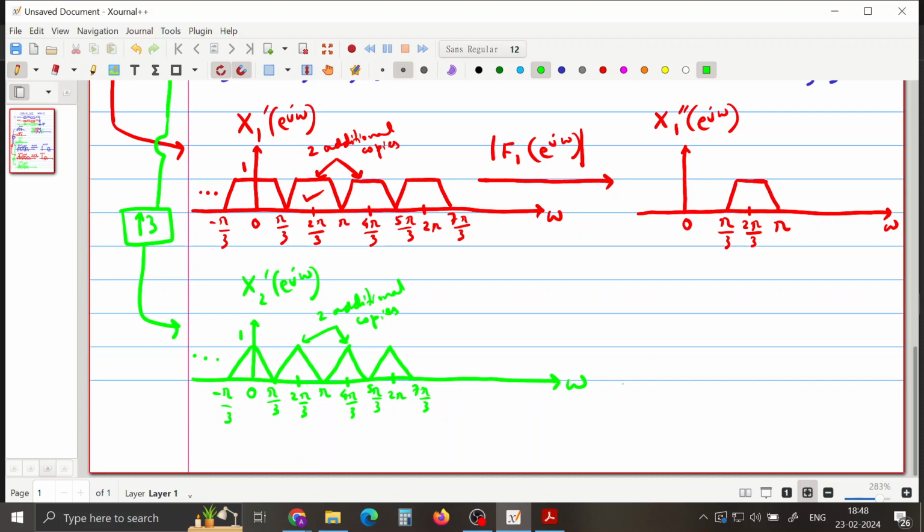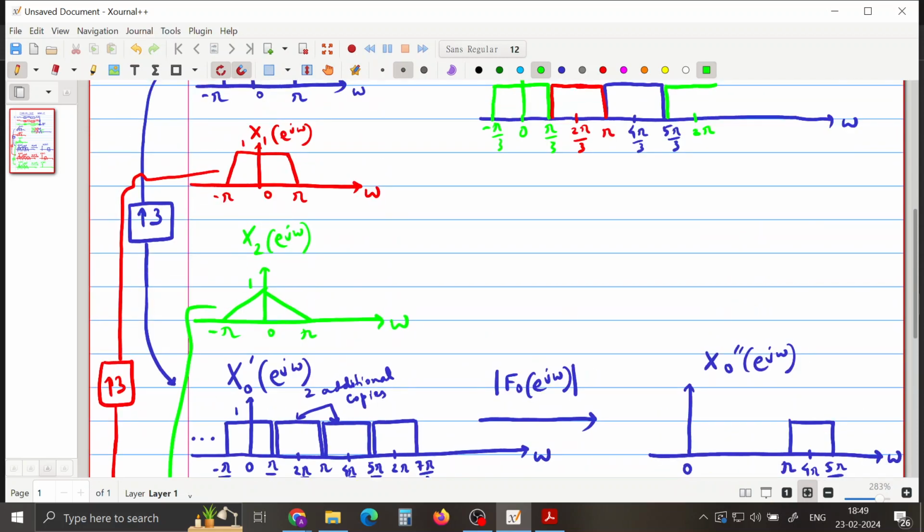And again in the lowermost branch this gets filtered through f2 of e power j omega to give me another spectrum which I have labeled as x2 double prime of e power j omega. Now if you go back to the filter f2, how does it look like?